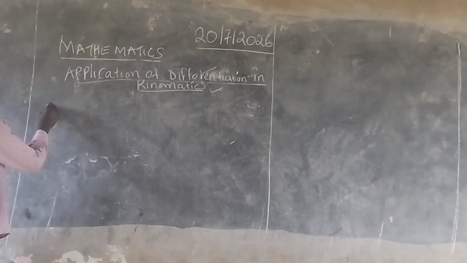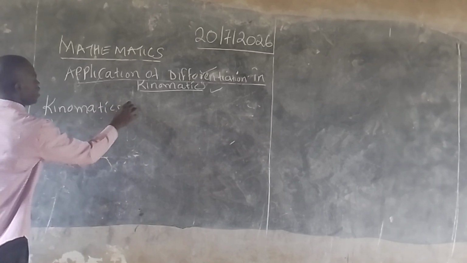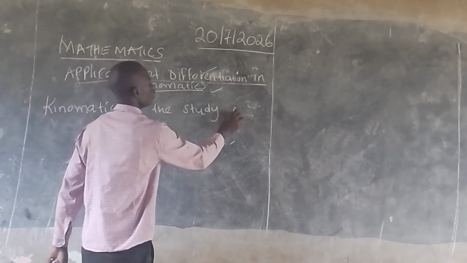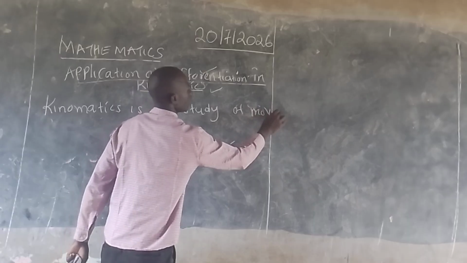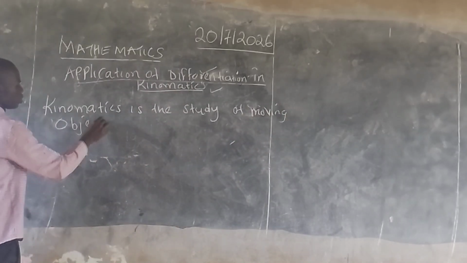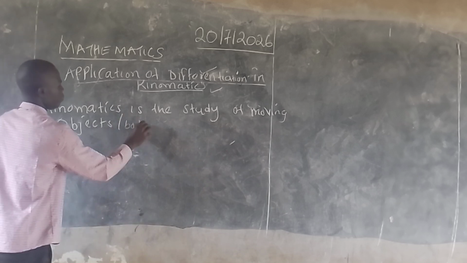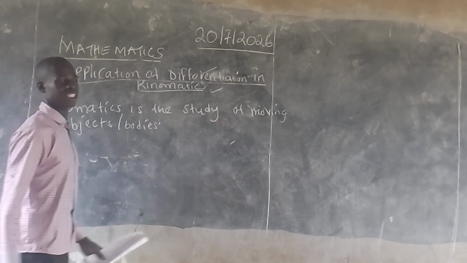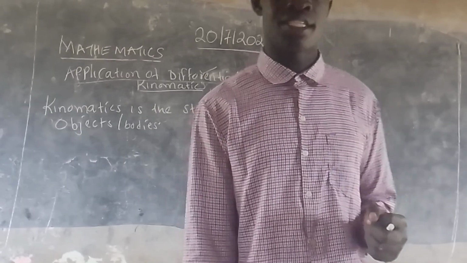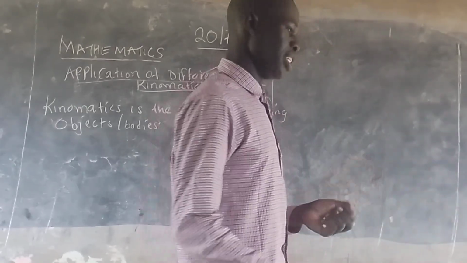Let's say that kinematics is the study of moving objects, or moving bodies. That's all about kinematics. It studies what we call moving objects or moving bodies.